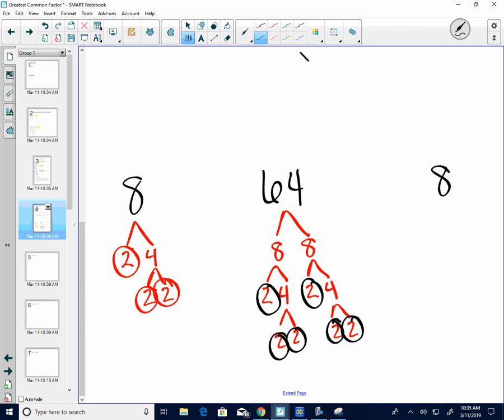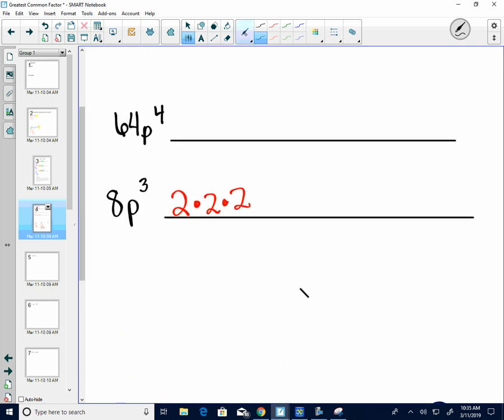So that's why I'm only circling the true 2s. This 4 has a tree going from it, so it's not a prime factor. So I have 1, 2, 3, 4, 5, 6 2s for 64. And then I'll go back and add the multiplication signs in between.